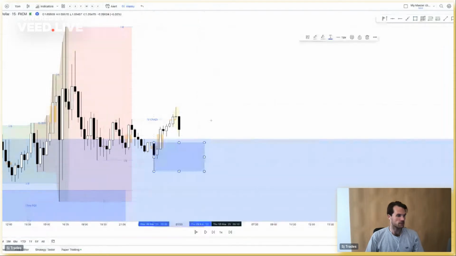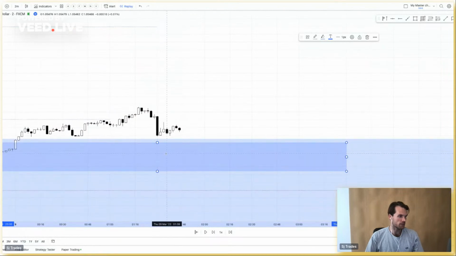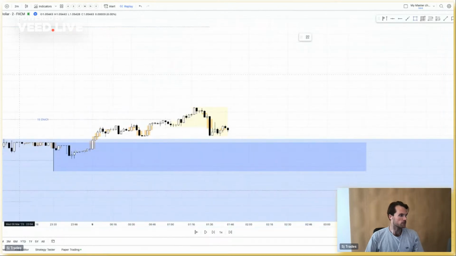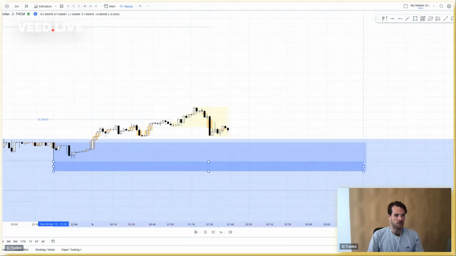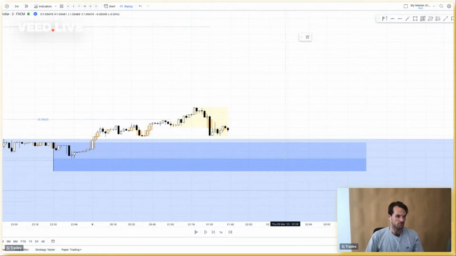I don't think personally I'd take this trade, and I'm not really sure what would have put that in, it's 11:30 my time. But I guess the 15 is the same as the 2. Maybe you'd expect it to sweep this liquidity that's left over, at least some of it. If you want a sharper entry, maybe expect it to sweep the liquidity.